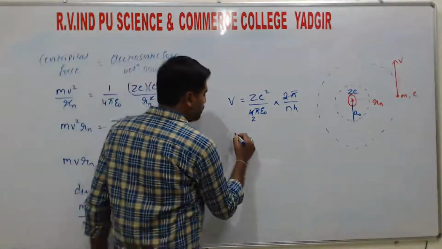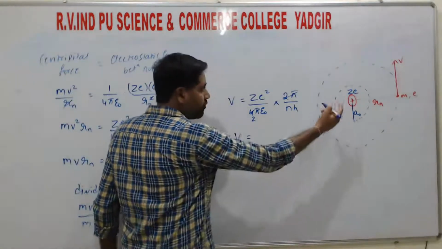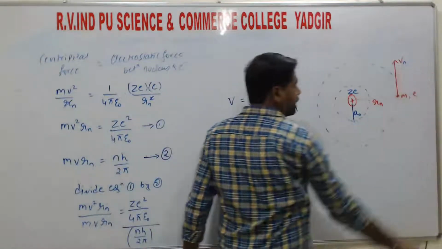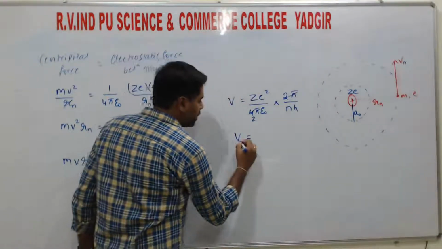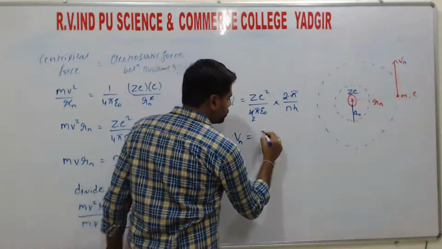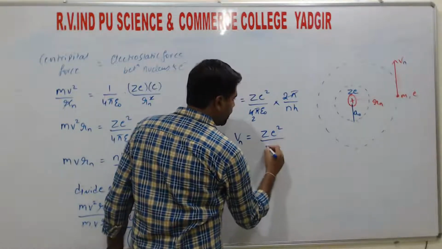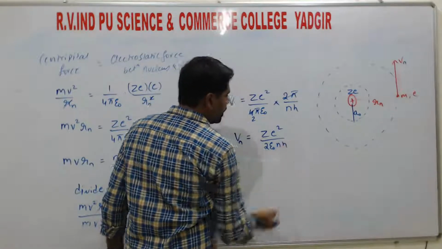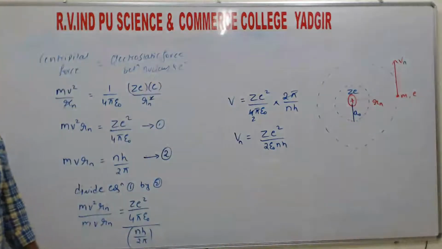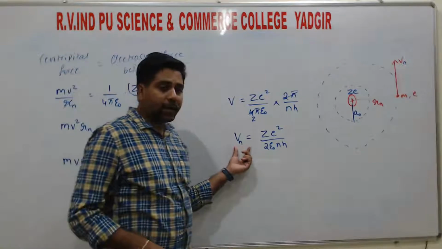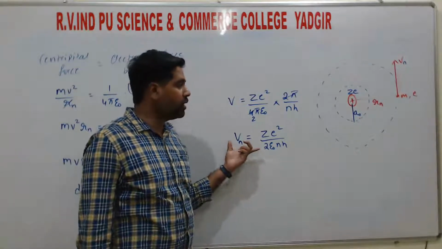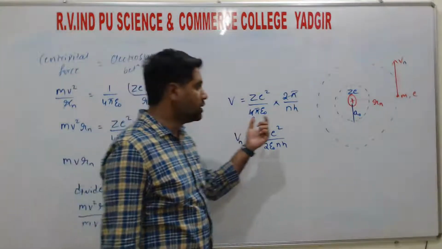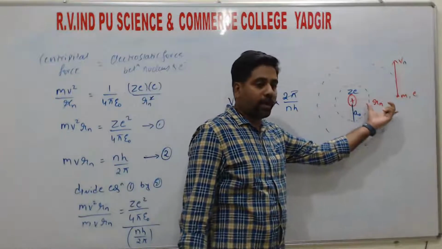So from this v is equal to, so we are finding the velocity in the nth orbit, then we can write Vn equals Ze square divided by 2 epsilon naught nh, right? So this is the velocity of the electron which is revolving around the nucleus in the nth orbit, right?